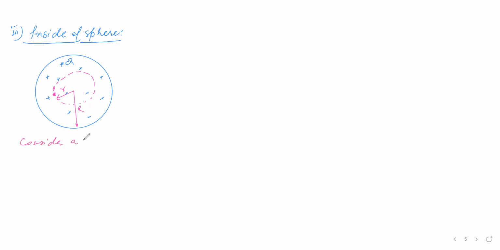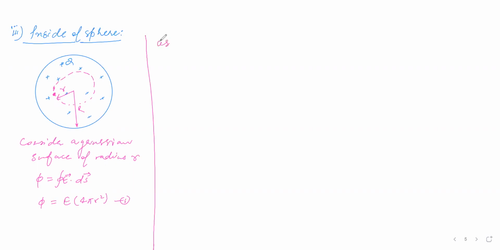Consider a Gaussian surface of radius r. The value of flux is the integration of E dot dS, so phi is equal to again E into 4 pi r square. This is your equation number 1.